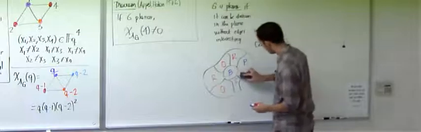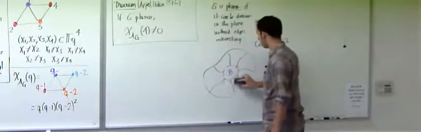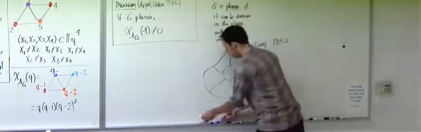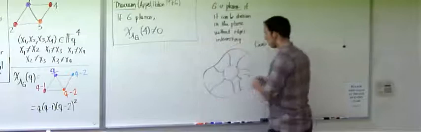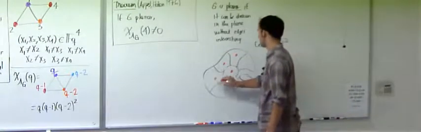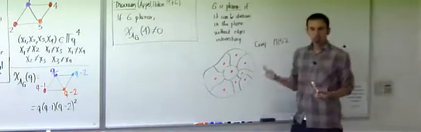Well, let me erase the coloring. And what we're going to do is put a node for each country. And then I'm going to connect neighboring countries.